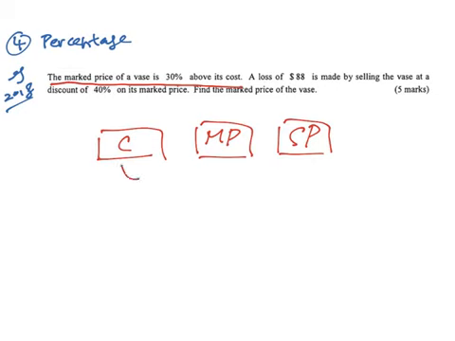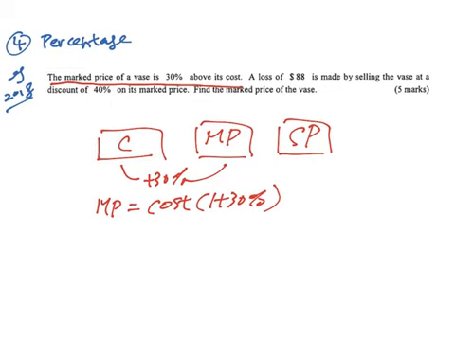So we are comparing cost and mark price. So mark price is then equal to cost times 1 plus 30%.